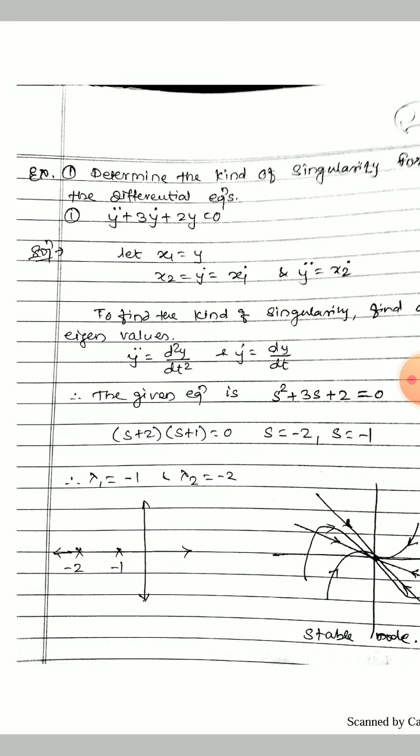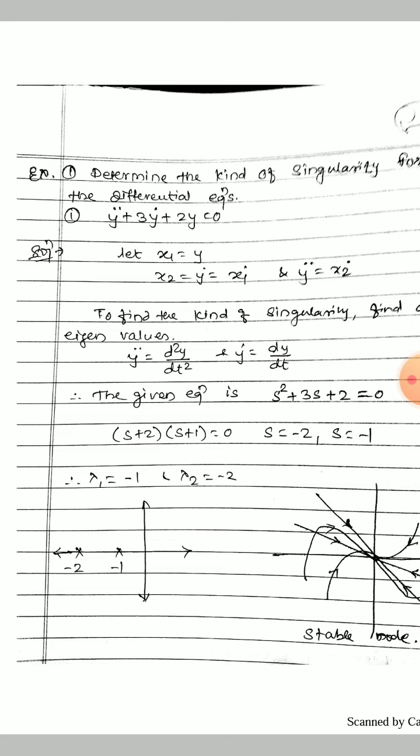Obviously here it is a second order system, so it will have two state variables. Let x1 equal y be the first state variable, and x2 the derivative of the first state variable, so x2 equals y dot, which is equal to x1 dot, and y double dot will be x2 dot.